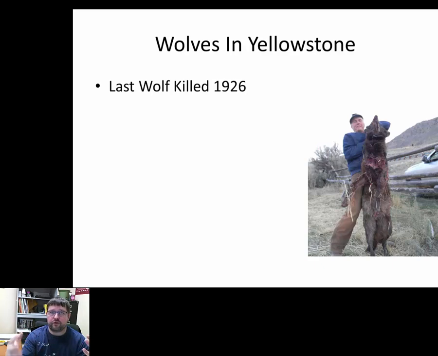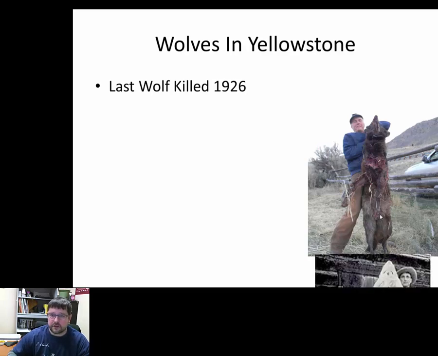So just to set the story straight with individuals who make comments like the wolves that were reintroduced to Yellowstone are much larger, much bigger than any Yellowstone wolf that originally was in Wyoming. Okay? That's a very common comment that a lot of people like to state. So here's an example of a wolf that was killed in Montana just a couple weeks ago, I believe.